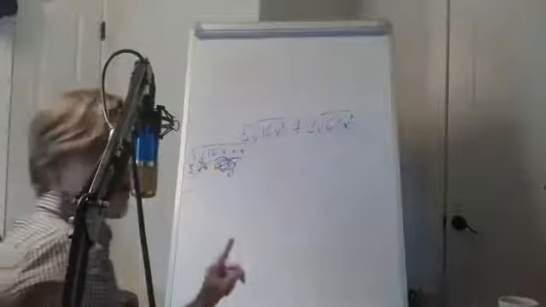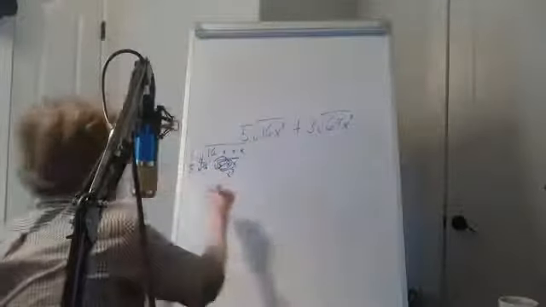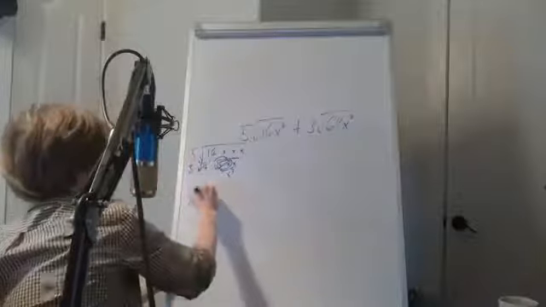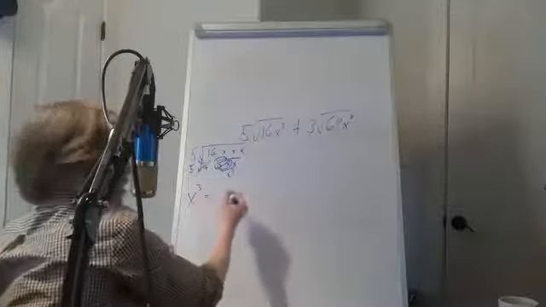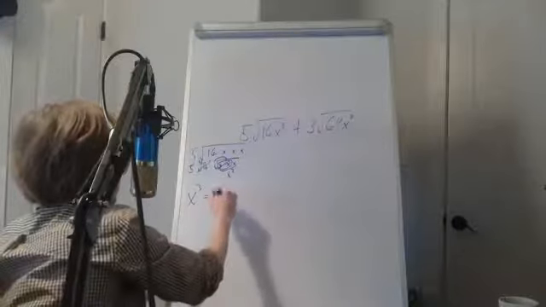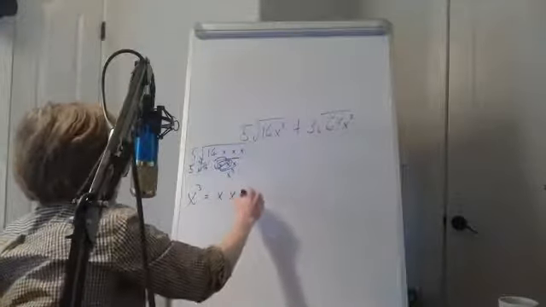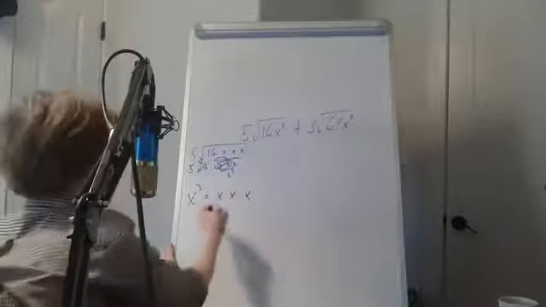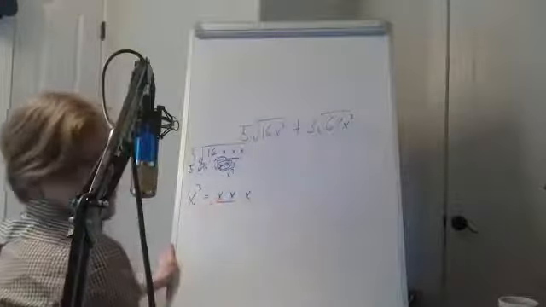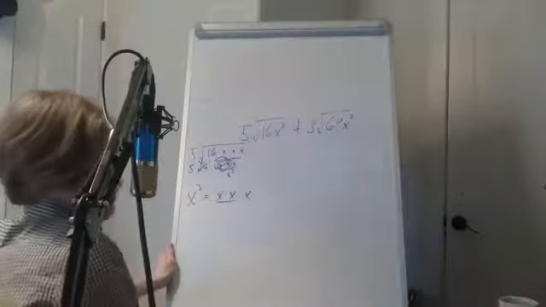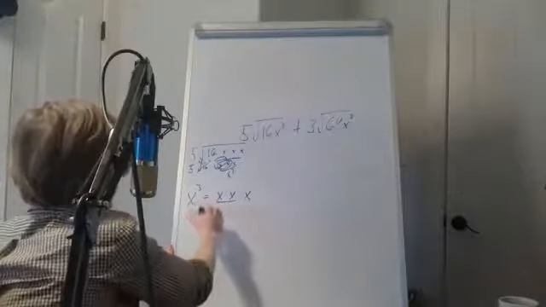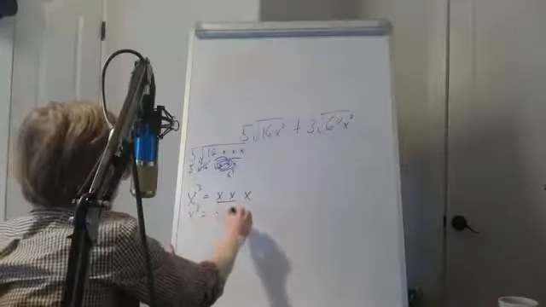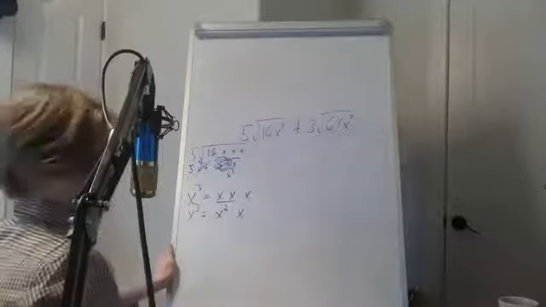And I'll show you why this works. Look here. We can all agree that x cubed is equal to x times x times x. Well, x times x is x squared, so x cubed is equal to x squared times x.